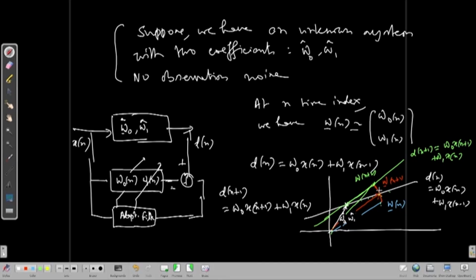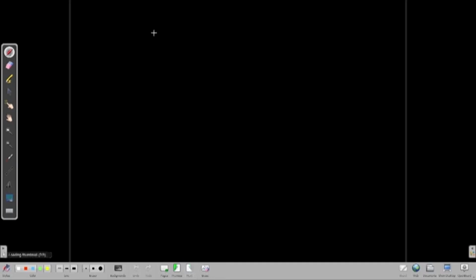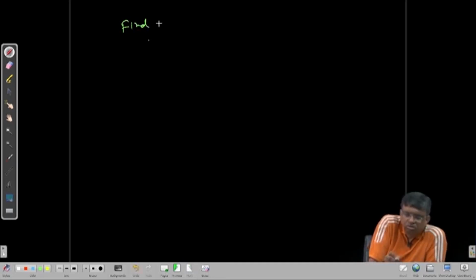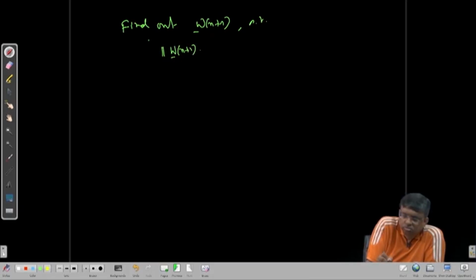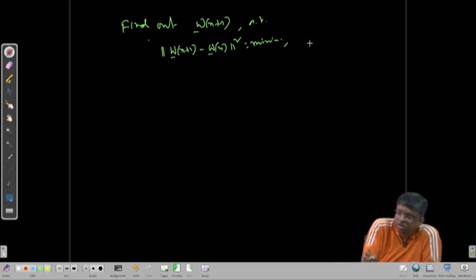That means I should try to find out Wn plus 1 so that this norm square is minimum, but Wn plus 1 must be lying on that line, under the condition that it is Wn plus 1 transpose x n plus 1. That is an equation actually.